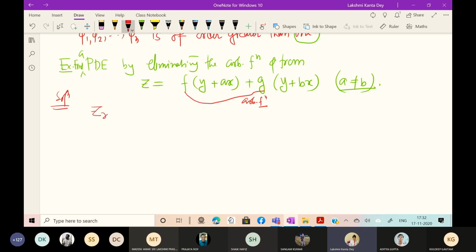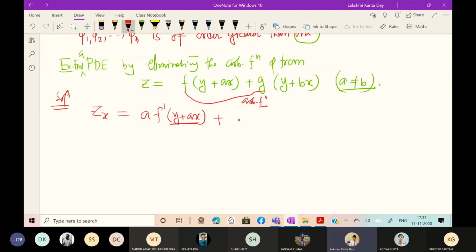So we do, okay, don't write, I just do the main thing. If I do zx, then it will be a f dash of y plus ax. I just differentiate partially both sides with respect to x. Since f is an arbitrary function, we do not know its derivative, so we write f dash of y plus ax, and the derivative of y plus ax with respect to x partially is a. Clear? Yes, sir.